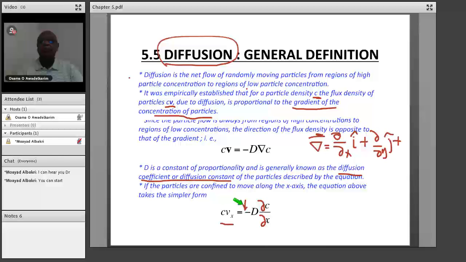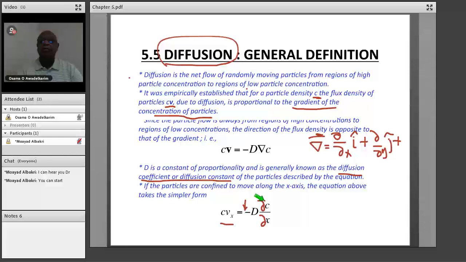So it's opposite to the direction of the gradient. So that is why we have a minus sign. Remember, the diffusion is from higher concentration to lower concentration, and the gradient is positive, okay, when we think about it from higher concentration to low concentration. So this minus sign tells me that the flow is opposite to the gradient.